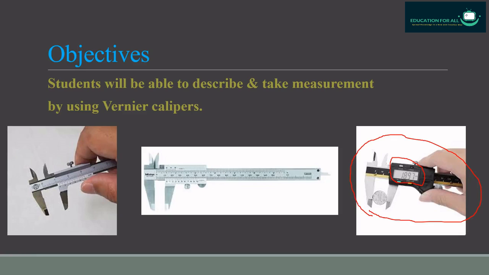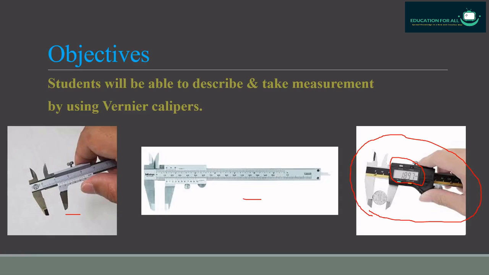This digital Vernier caliper is more precise than these two because of its least count. We will discuss later what least count is. Least count is basically the smallest reading which any instrument can take.